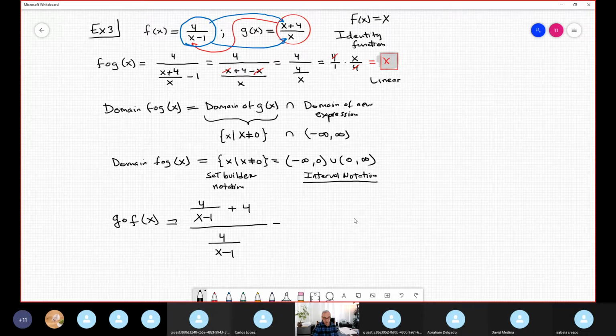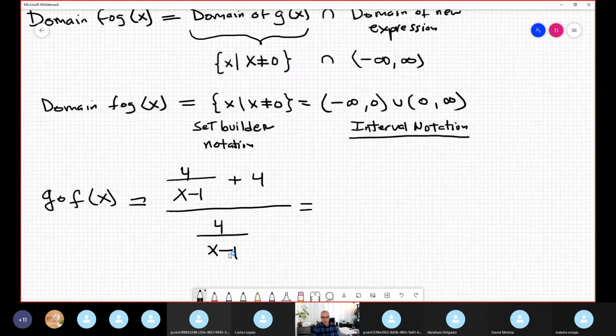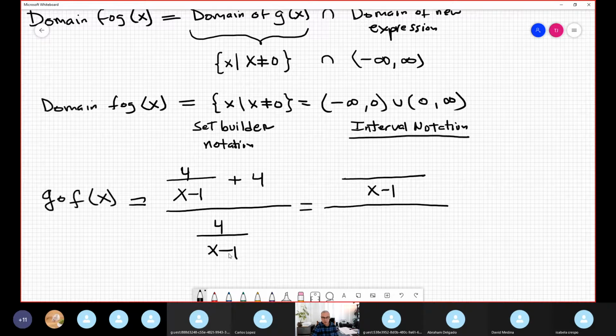Do you understand the thing I am doing or no? Yes. Again, we have to condense this into only one fraction. Least common denominator is x minus 1, and we have 4 plus something, 4 times x minus 1, divided by 4 over x minus 1.